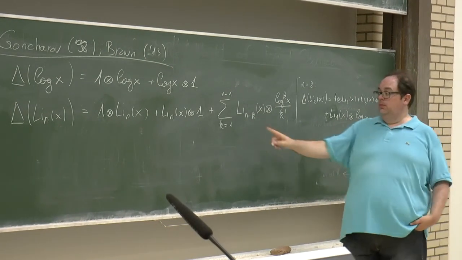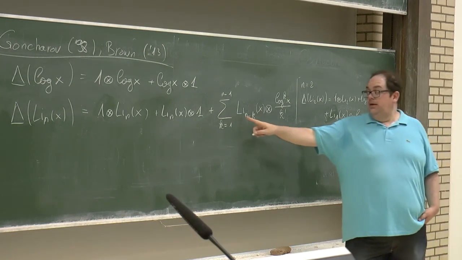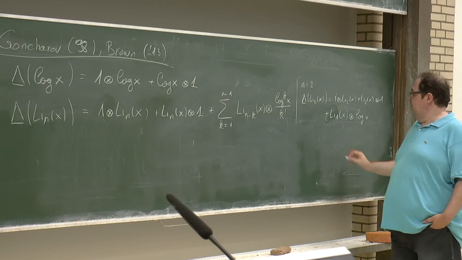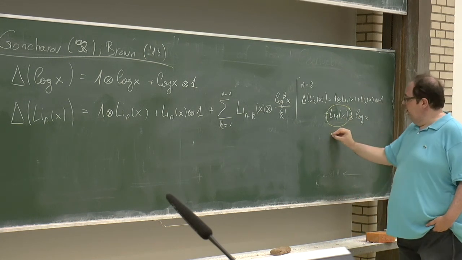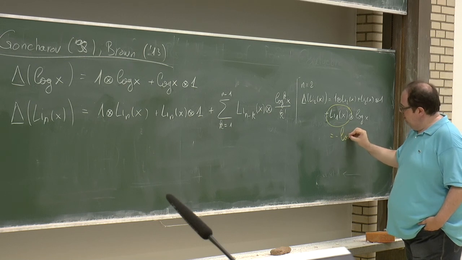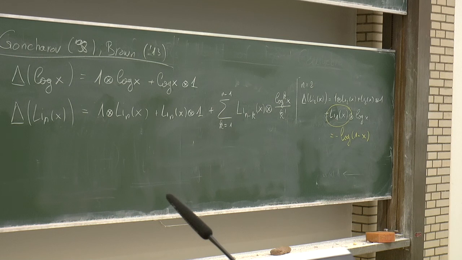Here there's only the term k equals 1, so I get log to the power 1 divided by 1 factorial. And I remind you that Li1 is actually minus log(1 minus x).